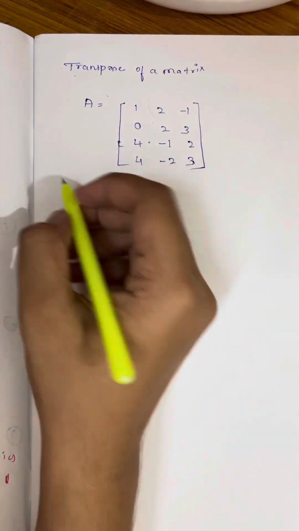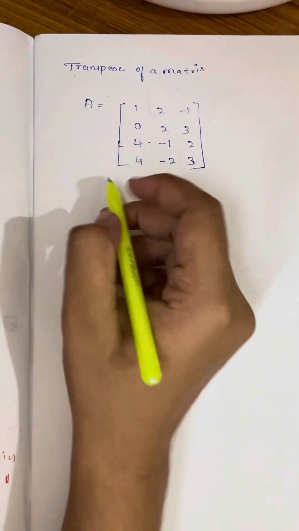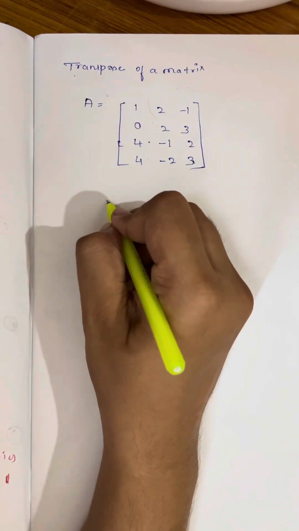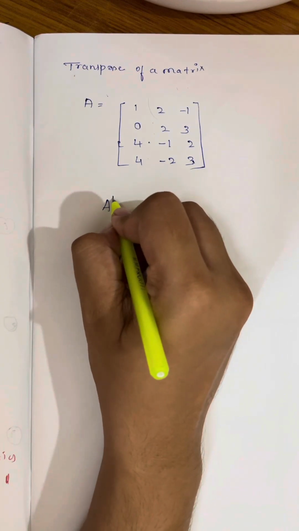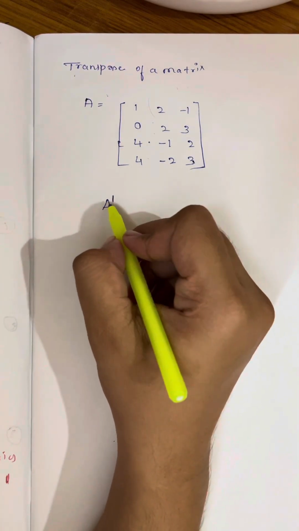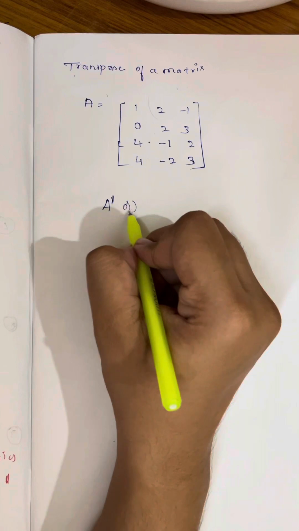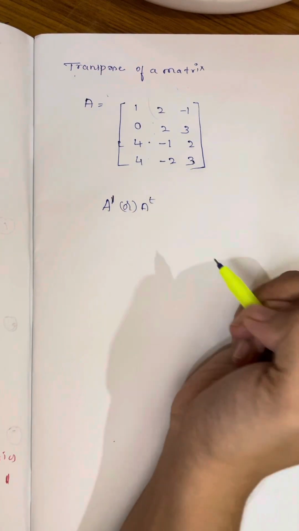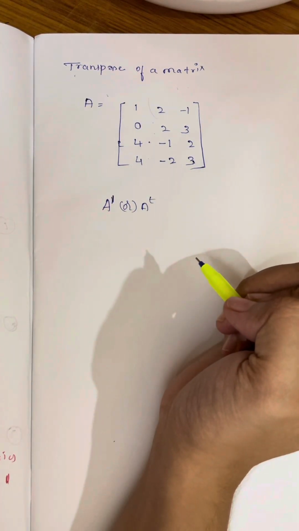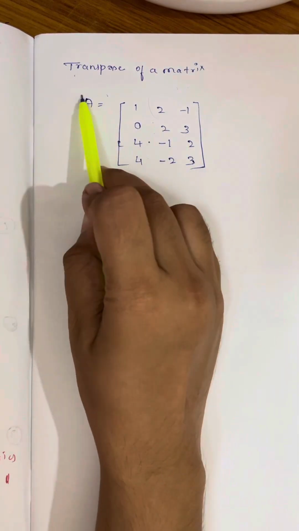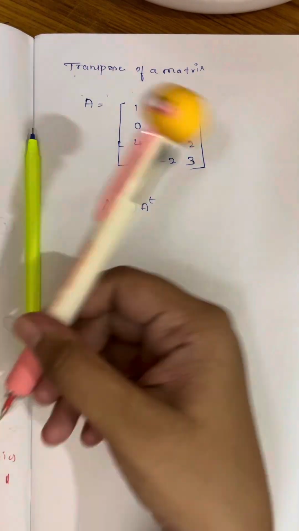Okay. For example, what is transpose of a matrix? Transpose of a matrix, we usually write it as A with a dash on top, or even we can write it as A of T. I'll repeat once again.